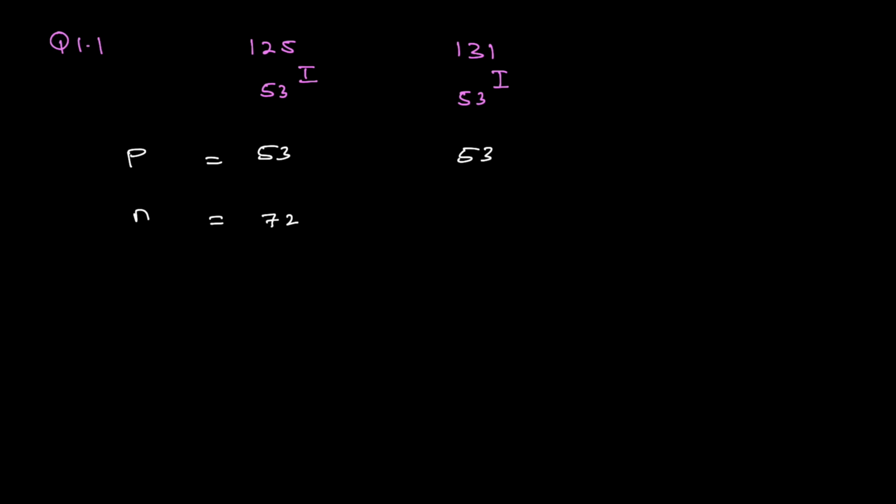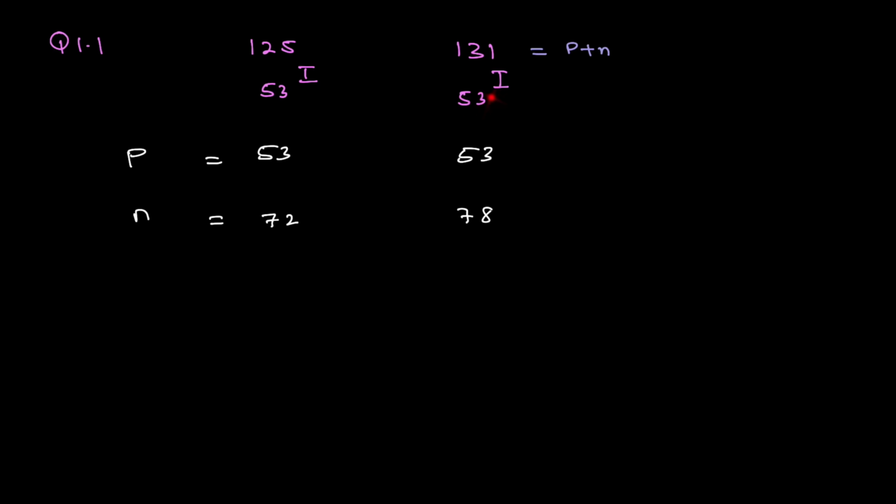And for iodine-131 it would be 78, so that would be 131 minus 53, because the mass number is protons plus neutrons.